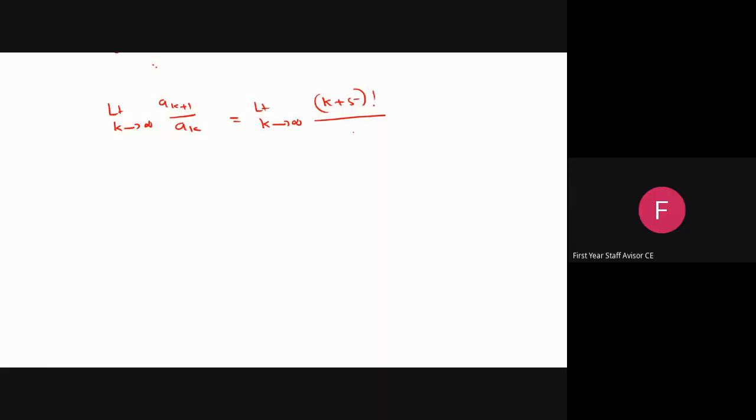Then find the limit k tends to infinity of a(k plus 1) by a(k). k plus 1 plus 4 means k plus 5, so (k plus 5) factorial divided by 4 factorial into (k plus 1) factorial into 4 raised to k plus 1, divided by a(k), where a(k) is (k plus 4) factorial divided by 4 factorial k factorial 4 raised to k.